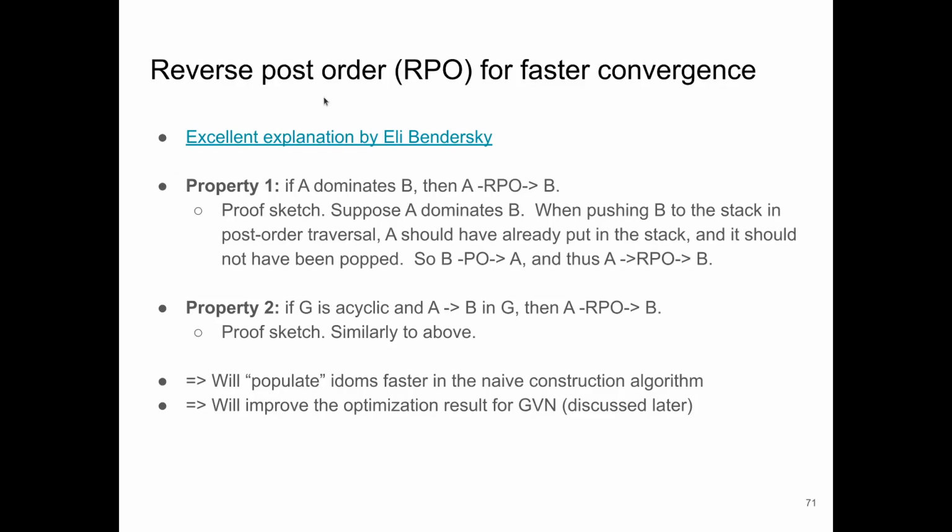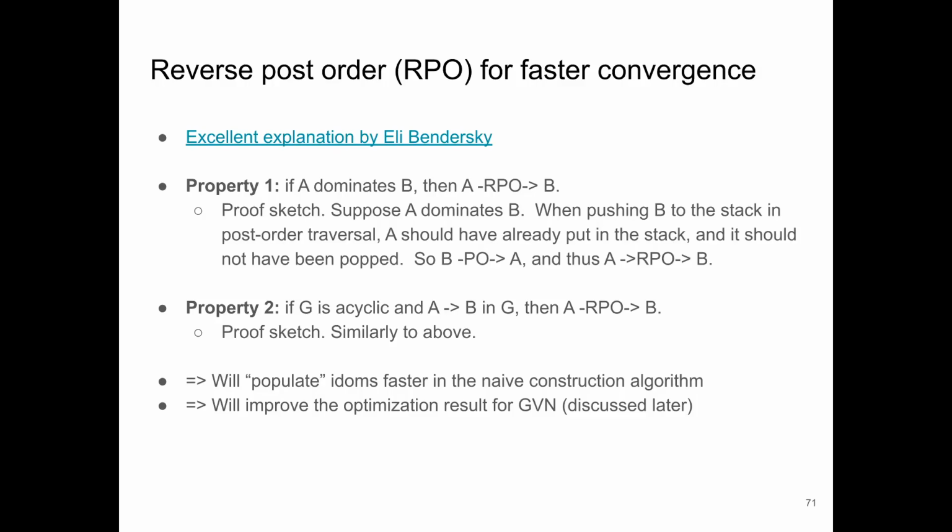So post order is basically a graph traversal strategy. If you already know about pre-order, post-order or in-order, it is the same. In post order, you mark a node only after all its descendants are traversed, and the marking order is the post order.